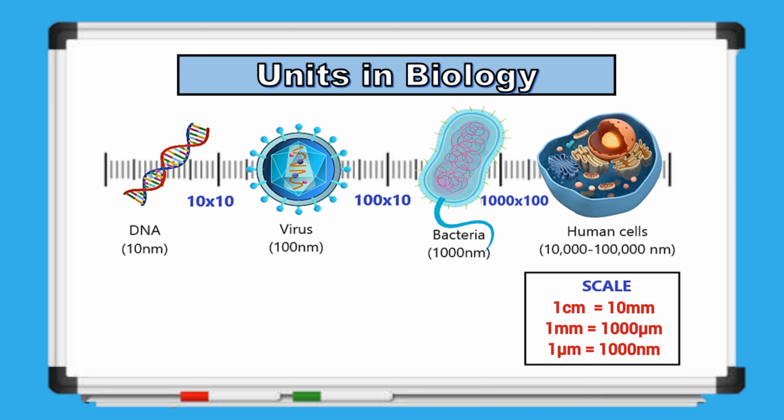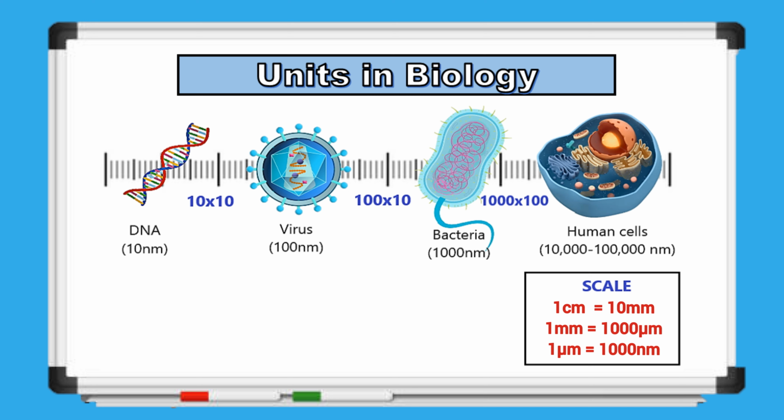In biology, especially when studying tiny things like DNA, viruses, bacteria, and human cells, understanding these units of measurement is important. For example, DNA is the smallest structure, measuring around 10 nanometers, and needs high magnification to be seen. If we magnify it 10 times more than the level needed to view DNA, we can see a virus, which is still small at about 100 nanometers but larger than DNA.